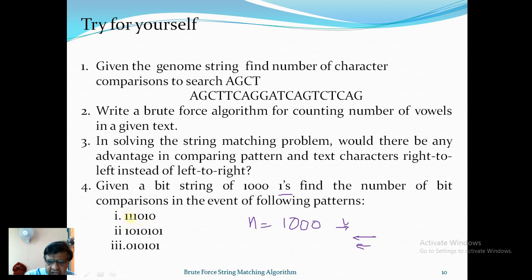This is a match, this is a match, this is a match, and this is a mismatch. Once again the sliding will take place. So in every alignment, in every iteration rather, there will be 4 comparisons: 4 into n minus m plus 1, where m is the length of the pattern.